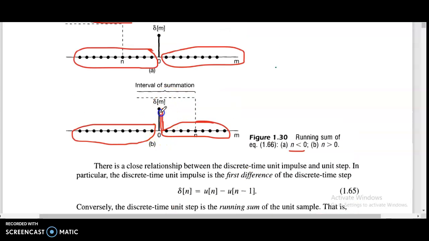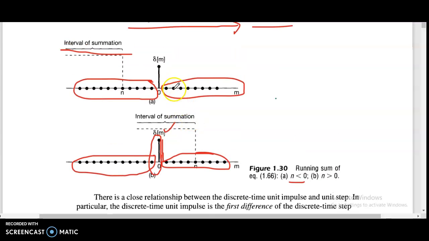Here, when n is equal to 0, delta equals 1, and it is the same as before.